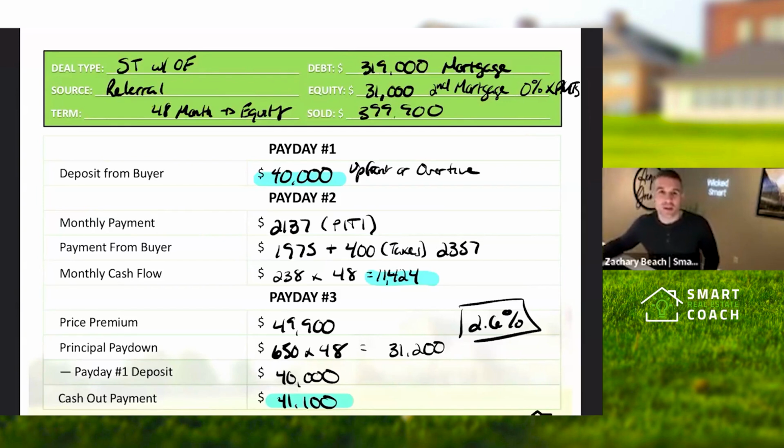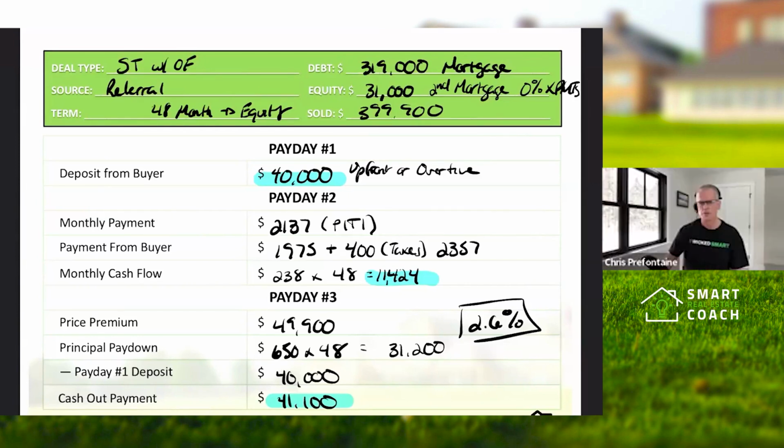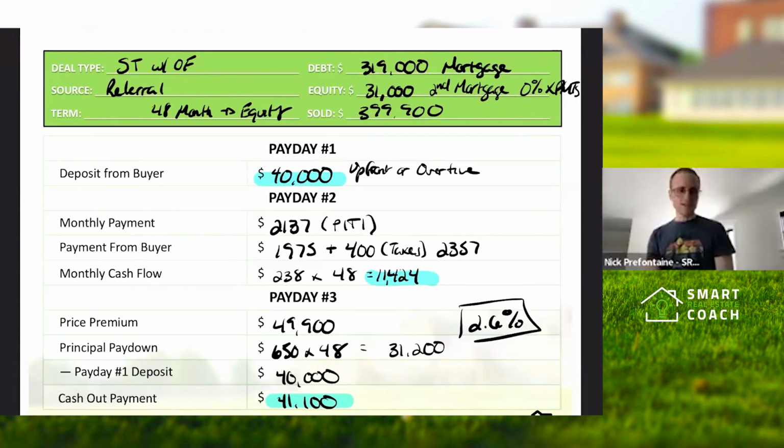There was one question on how the price premium is calculated. We just take the 319 and the 31,000 that we're into it, and the difference between that and the 399.9 is how we came up with the price. Is Nick back on? Yeah, I could speak to that. On the street that runs parallel to this property, there's a comp similar in bedrooms, baths, and square footage that sold for 380,000, and that's today.